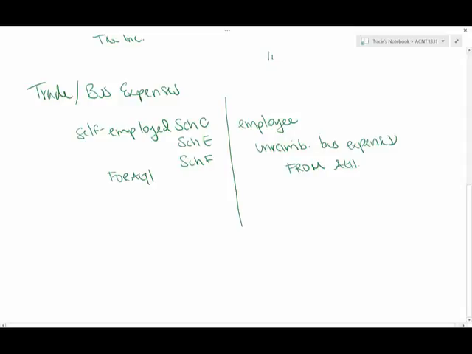So if I'm self-employed and I have business expenses, the deductions are FOR AGI deductions. If I'm an employee of someone else and I have unreimbursed business expenses, the deduction is a FROM AGI deduction. So we have to be very careful when we're talking about where trade or business expenses go, whether it's a FOR or a FROM AGI deduction.